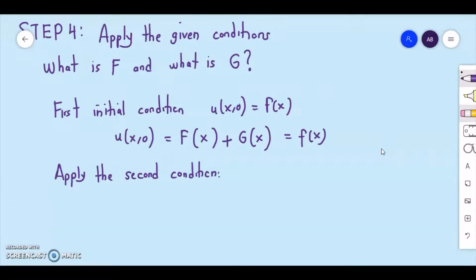Now we apply the second condition, where the derivative of u with respect to t when time is 0 is g of x. So we have to take the derivative of this f and g function with respect to time.